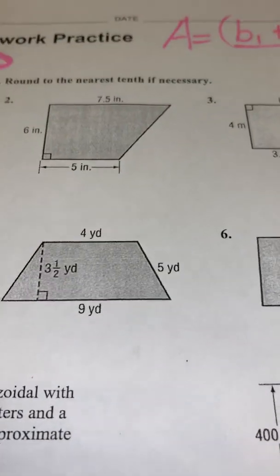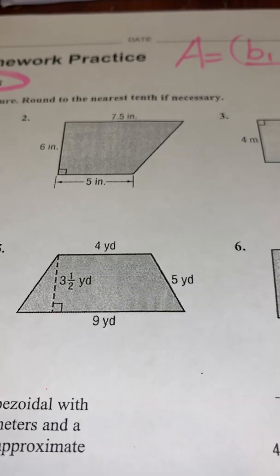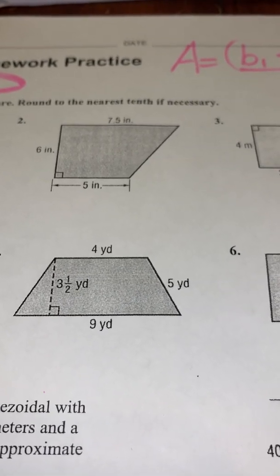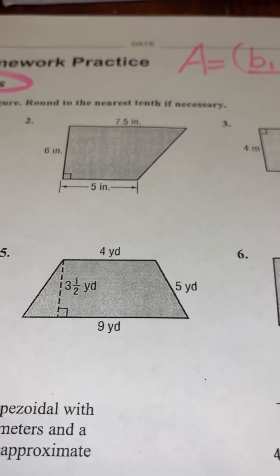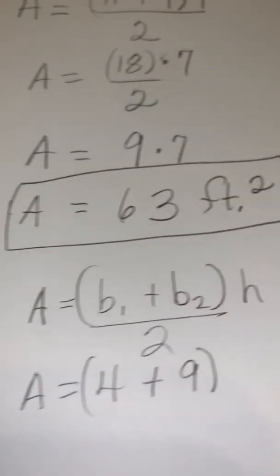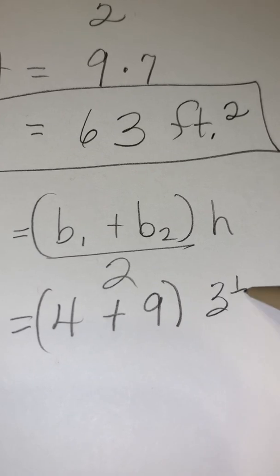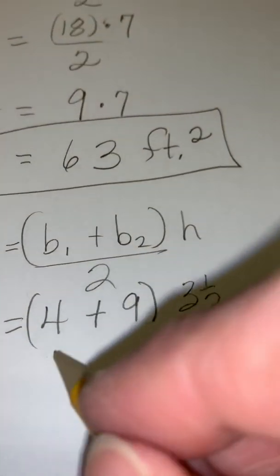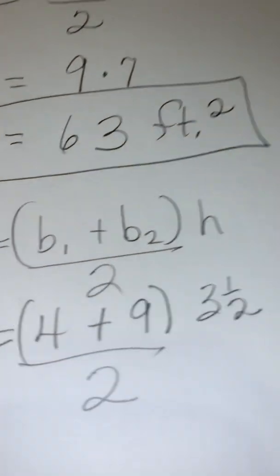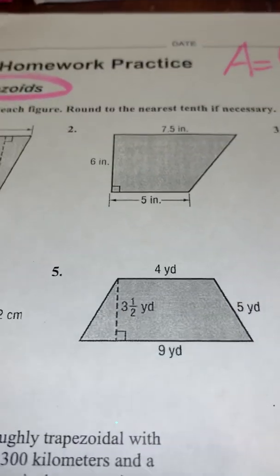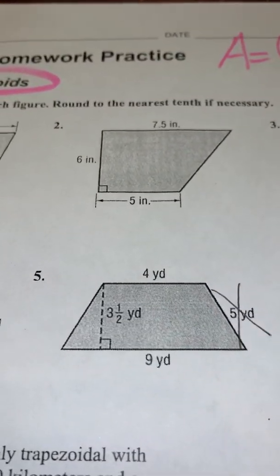Okay, so for number 5, base 1 would be 4, base 2 would be 9, and then the height would be 3.5, and then that would be divided by 2. So if you notice on number 5, we do not need that 5 yards right there.